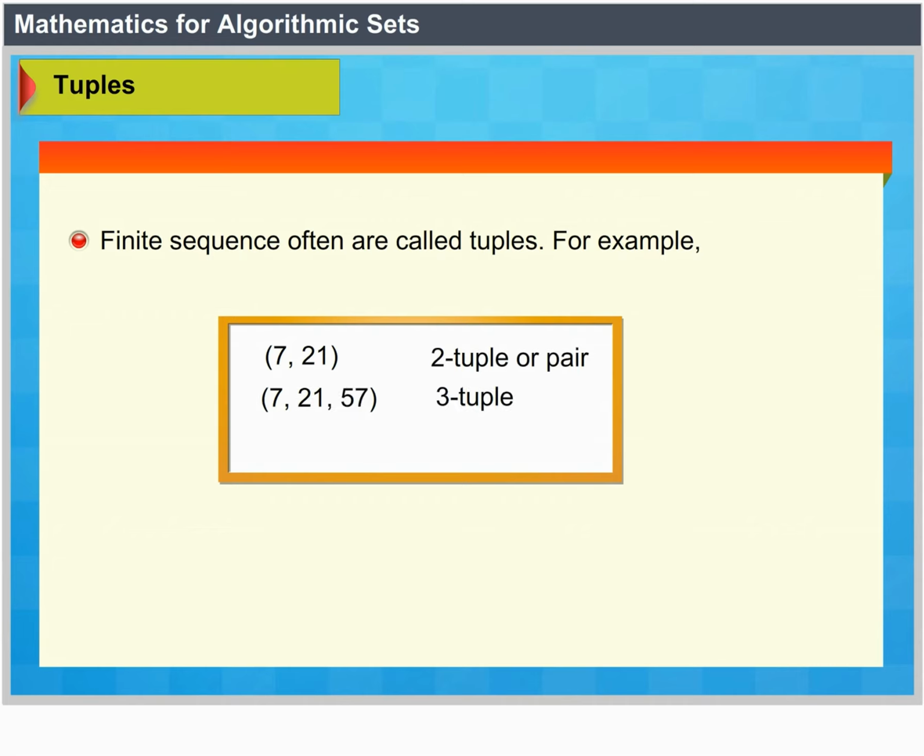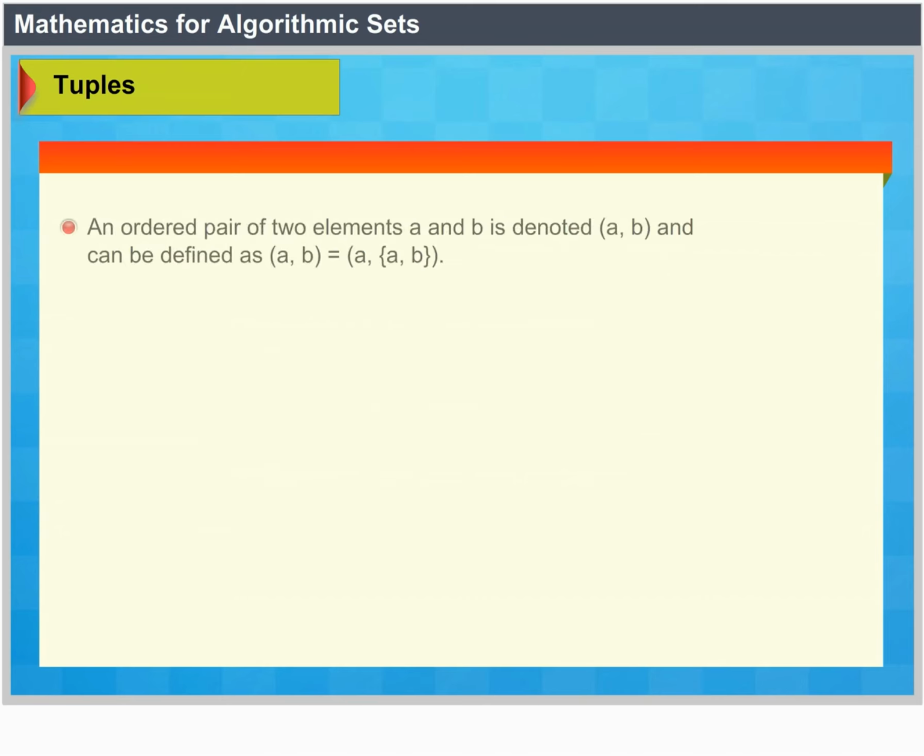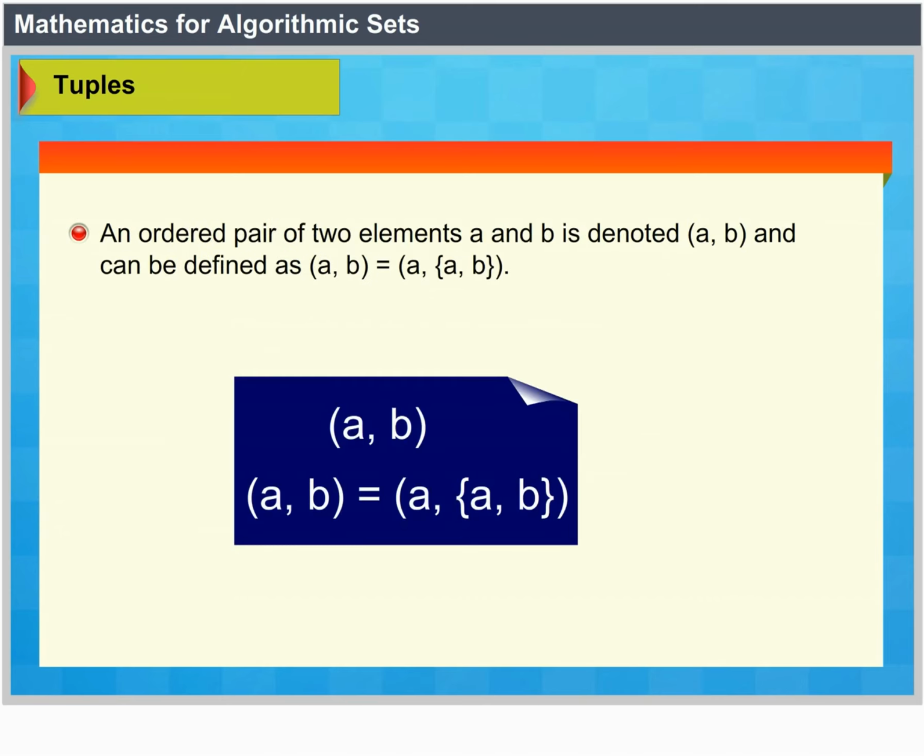And like that, 7, 21 and so on up to k is represented as a k-tuple. An ordered pair of two elements a and b is denoted (a, b) and can be defined as (a, b) = (a, {a, b}).